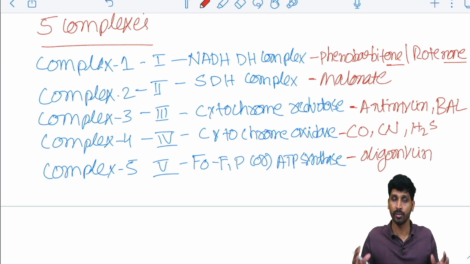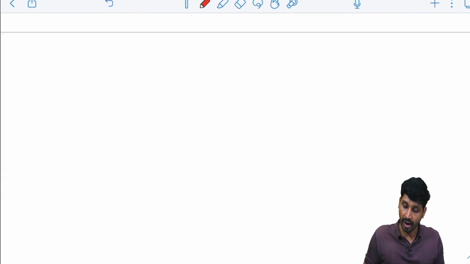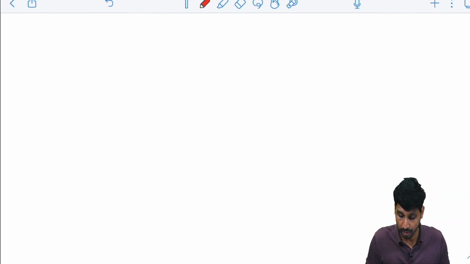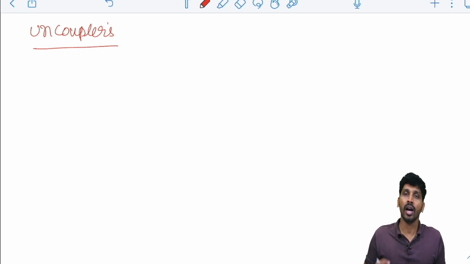Right, in this quick table we have seen the complexes, other names of these complexes and the inhibitors. And one more point you have to note down here: uncouplers. What do we mean by uncouplers? We have learned that the electron transport chain is oxidative phosphorylation. In 4 complexes oxidation takes place, and in the 5th complex phosphorylation takes place, where ADP is phosphorylated to form ATP.